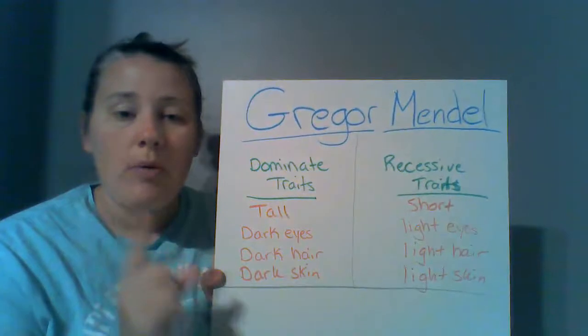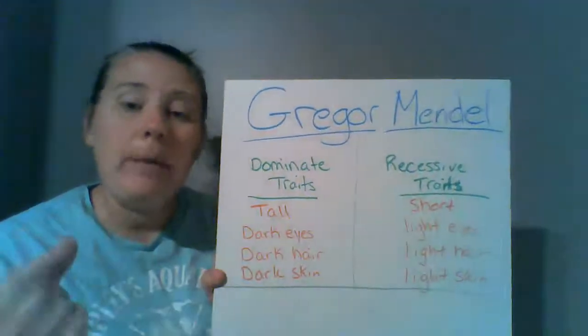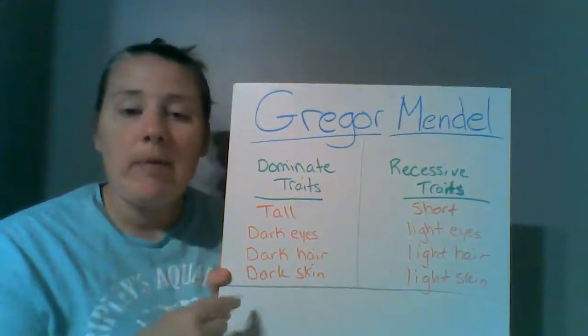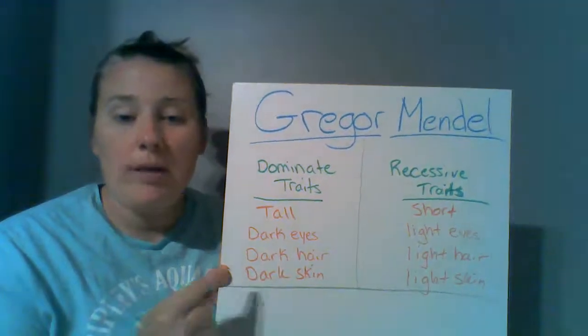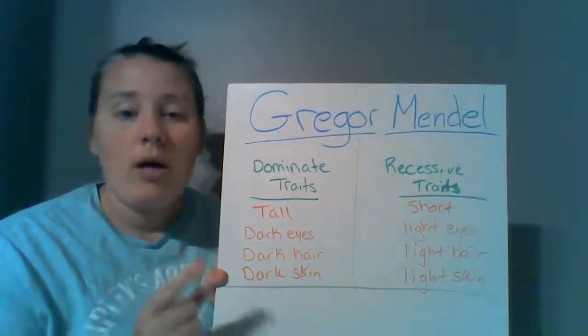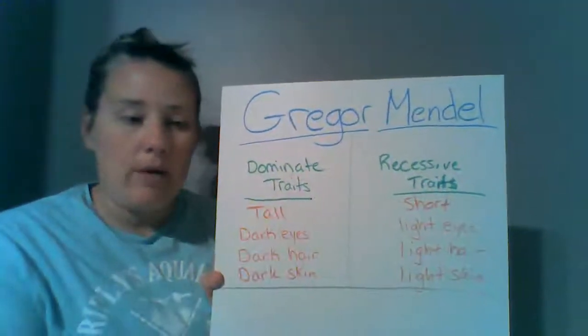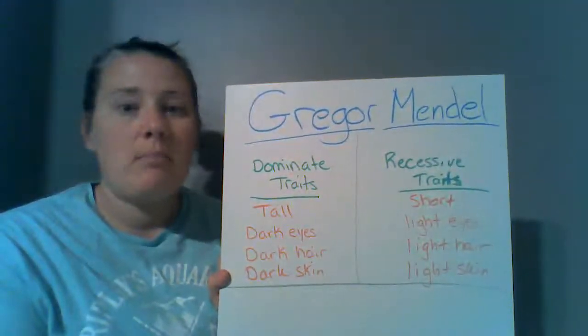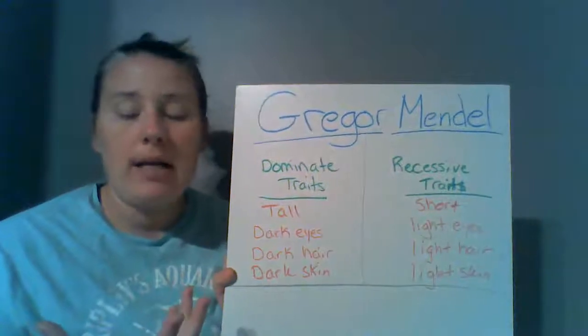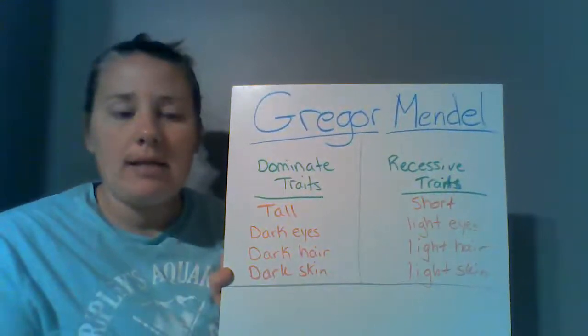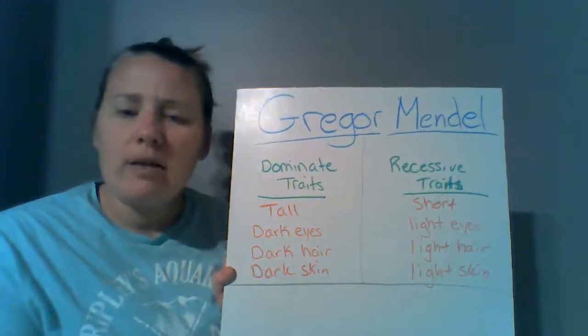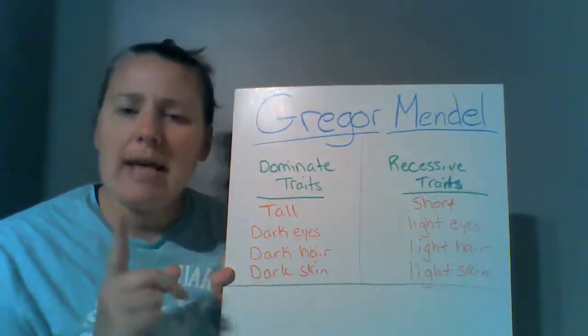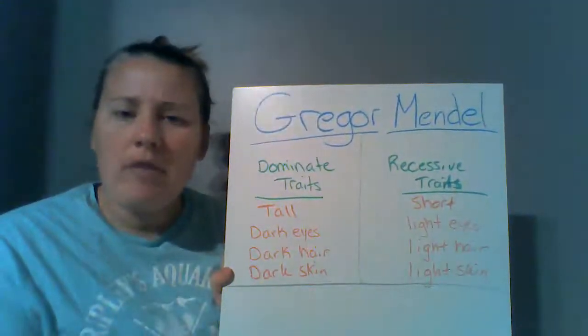Before we get into talking about people, we need to remember that we're not always just talking about people. We can be talking about plants and animals as well. That's why I want to talk about Gregor Mendel. He is the father of genetics, which means he didn't make it up because genetics was already existing, but he was a scientist who thought, there's something to this genetics thing, and I want to figure it out.